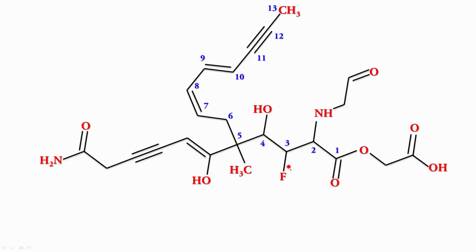So I'm going to start with 3-fluoro, 4-hydroxy, and in 5 I think I would need to number the side chains. 1, 2, 3, 4, 5, 6. Okay, this is carbamoyl. So I have, let me see, yeah, fluoro sitting at 3, hydroxy sitting at 4.